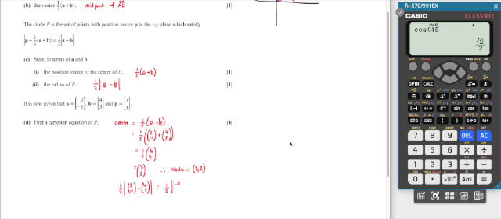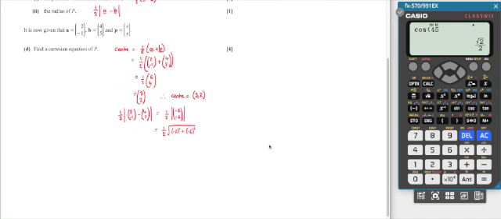Minus 1 minus 5 is minus 6. Have I done that right? So the modulus is going to be the root of minus 2 squared plus minus 6 squared, which is a half. Let's just check that out.